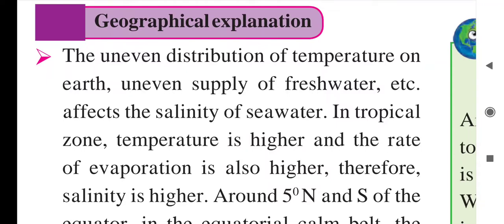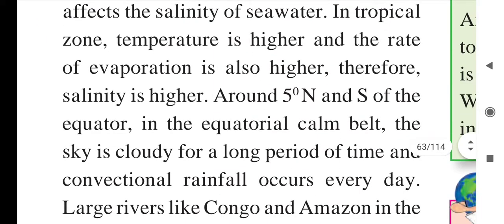In the tropical zone, the temperature is high. Tropical zone means equatorial region, temperature is high. The rate of evaporation is also higher. Therefore, salinity is higher around 5 degrees north and south of the equator. In the equatorial calm belt, the sky is cloudy for a long period of time and convectional rainfall occurs every day.